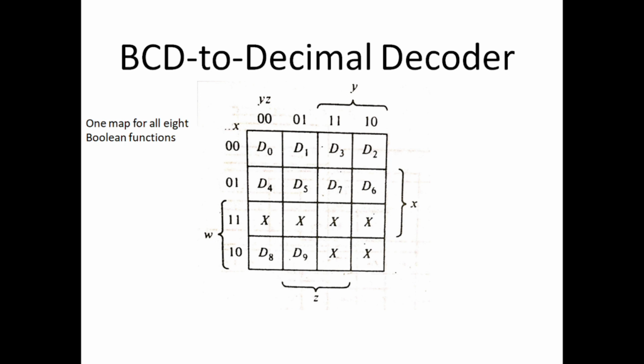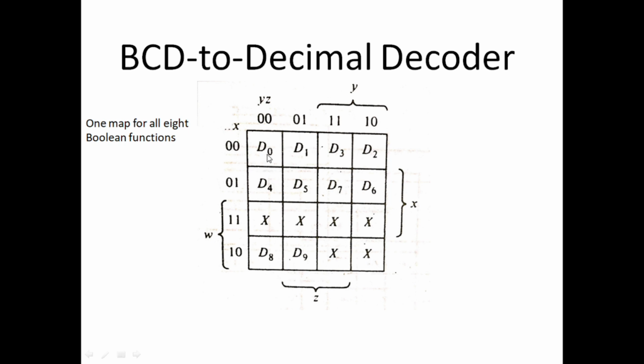So in this map, whenever we want to derive the Boolean equations of these variables, it is very simple. For example, whenever we want to consider this map for the output variable D0, then just consider 1 in the square where D0 lies, and consider all other D's as 0 and the don't care conditions are don't care conditions.